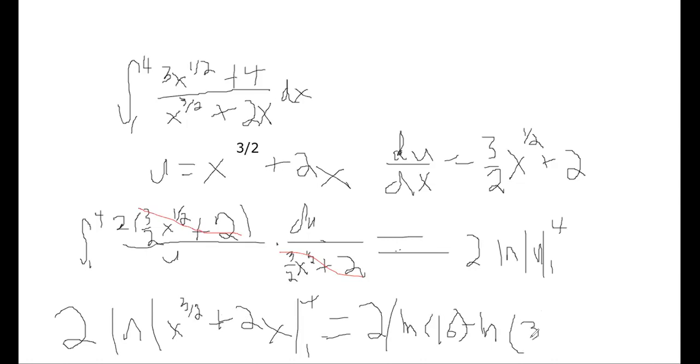So we get 2 times ln of 16 minus ln 3, or 2 times ln of 16 thirds, or any other combination of using these log rules that you choose to use. But yeah, that's it.